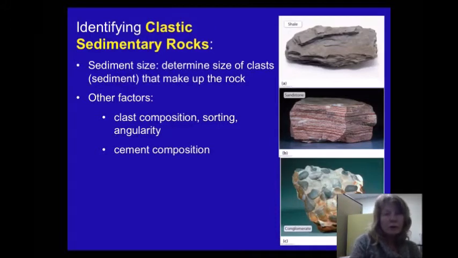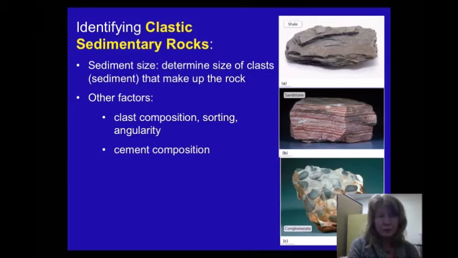So when we are identifying sedimentary rocks, the first question that we want to ask is, are we looking at a clastic sedimentary rock or a chemical/biochemical sedimentary rock? To determine if you're looking at a clastic sedimentary rock, you want to determine if it's a type of rock that forms from sediment, pieces or clasts of pre-existing rocks or minerals.